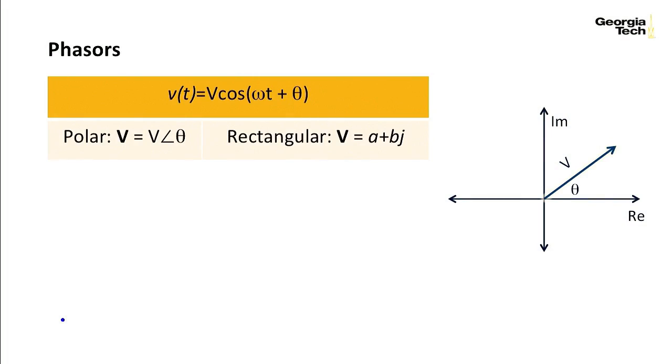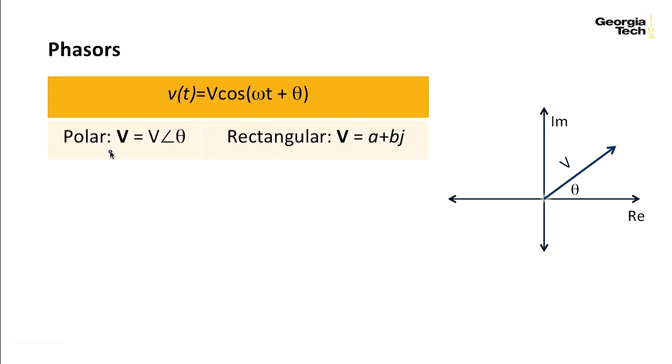Let me define phasors. My sine wave is given in this form right there. And I'm going to define the phasor in polar notation as being this, where V is simply the amplitude and theta is the angle. I indicate it's a phasor by showing it as a bolded term.